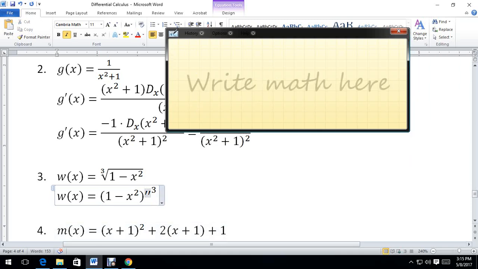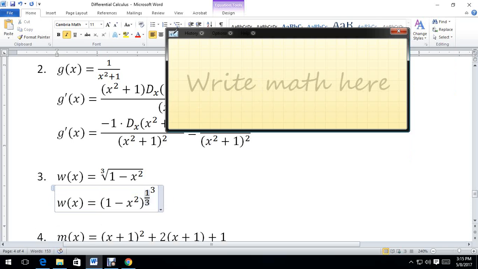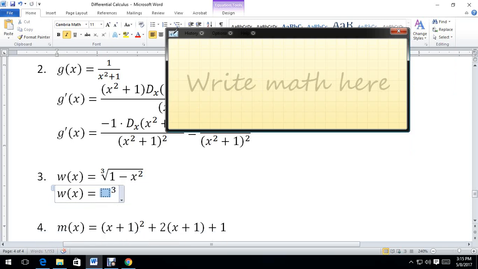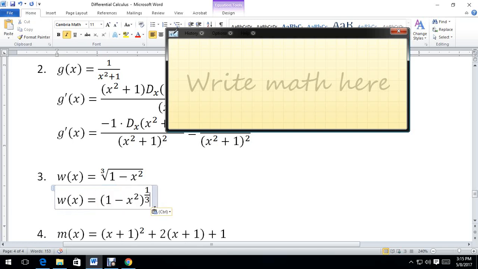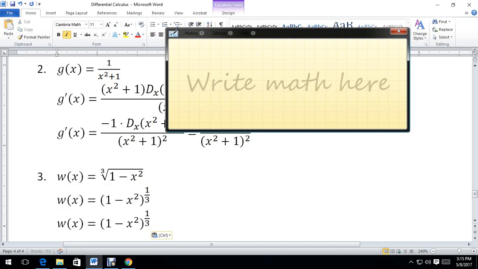This becomes 1 over 3. Now let's apply the chain rule for this part. That would be w prime, or the derivative of w of x.